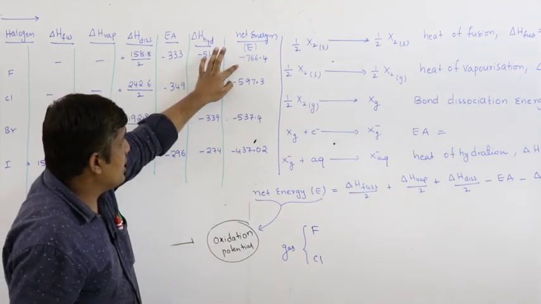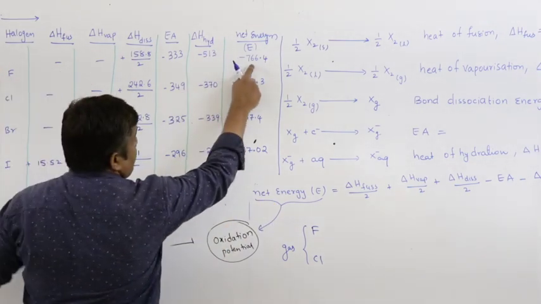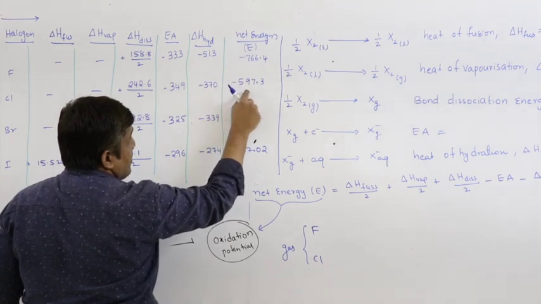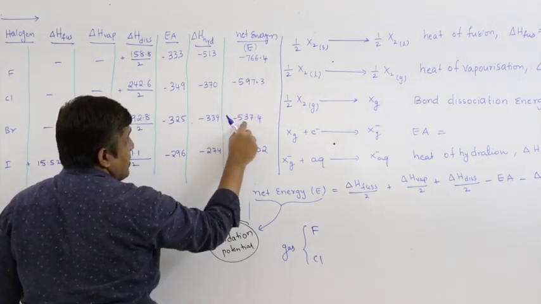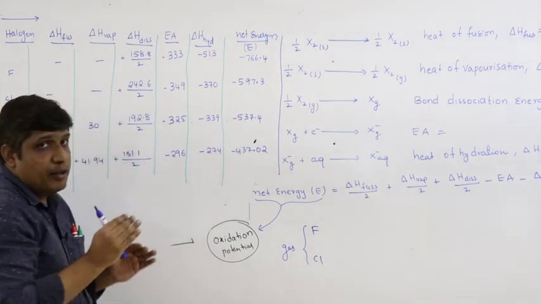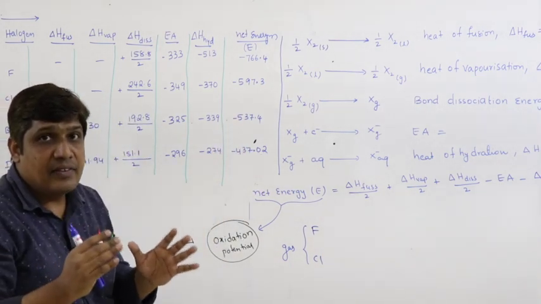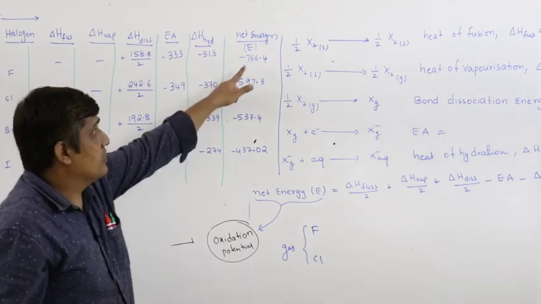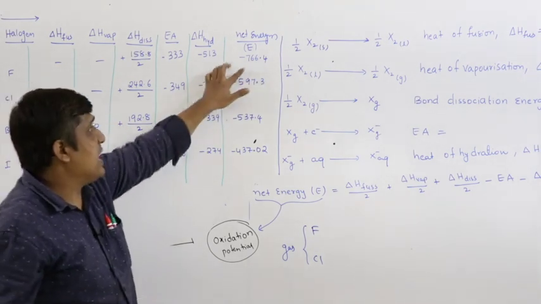As you can see, the most negative is for fluorine: minus 766.4, minus 597.3, minus 537.4, minus 437.02. So which element has the higher E value, the more negative value? The answer is fluorine. Why does it have more?